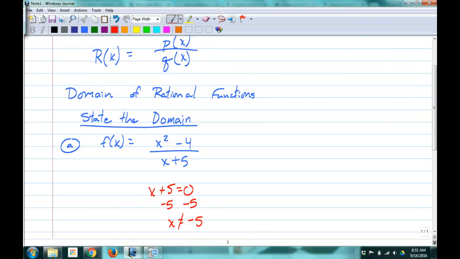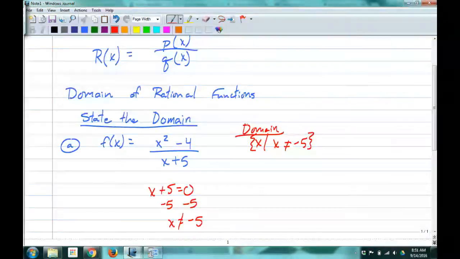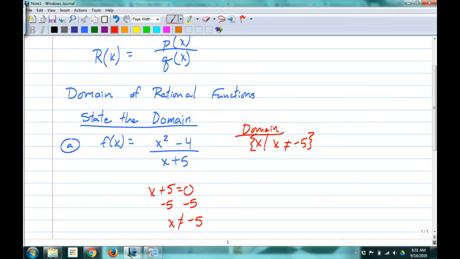So let's write that domain in a collegiate way, which would be interval notation. I'll write it in set notation first: x does not equal -5. What's the interval notation for that? We've kind of gotten away from that this chapter, so we're probably a little rusty.